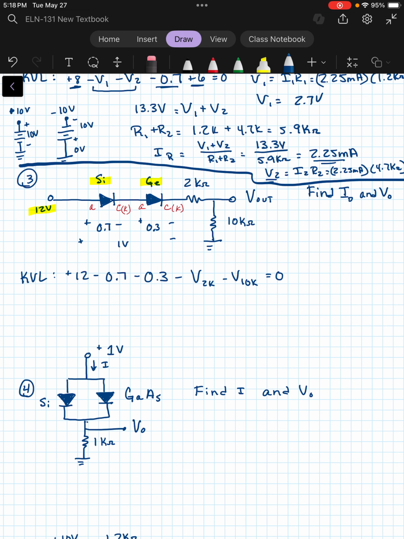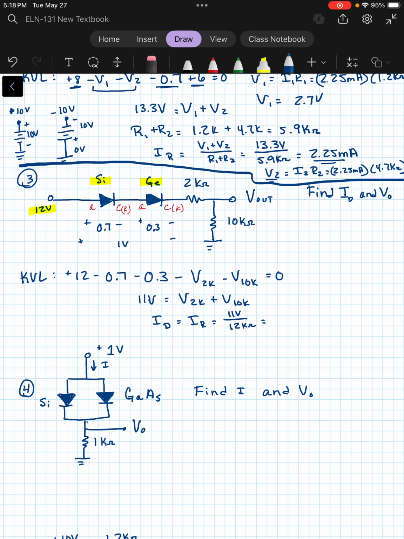So again, the voltage drop across the 12K over here would be 11 volts. So 11 volts would equal the voltage of the 2K plus the voltage of the 10K. And since that's the case, the current through the diode, which is the resistor current, would be that 11 volts over the total resistance of 12K.